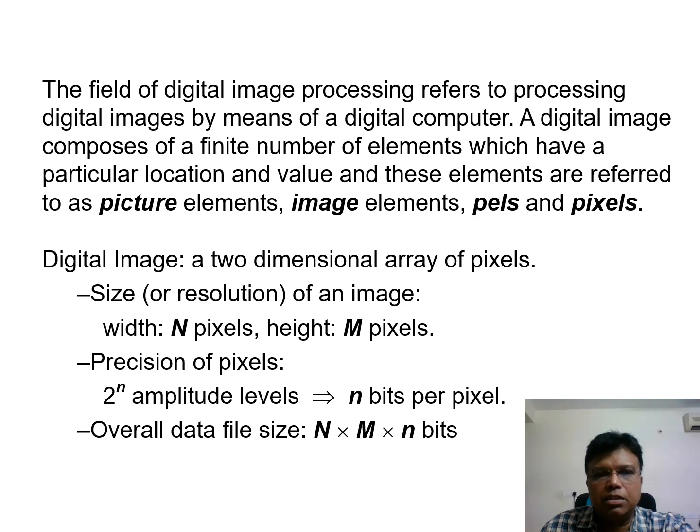A digital image is broadly classified as a two-dimensional array of pixels where the width is n pixels and the height is m pixels. Overall, the data file size is given in the notation of n into m into n.